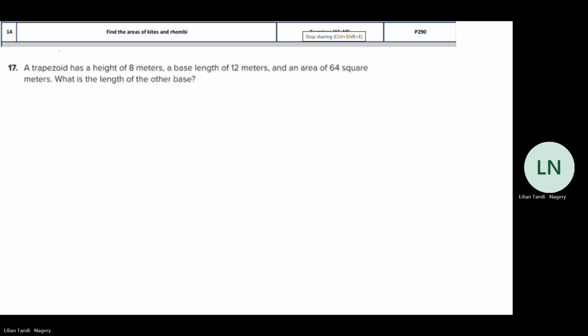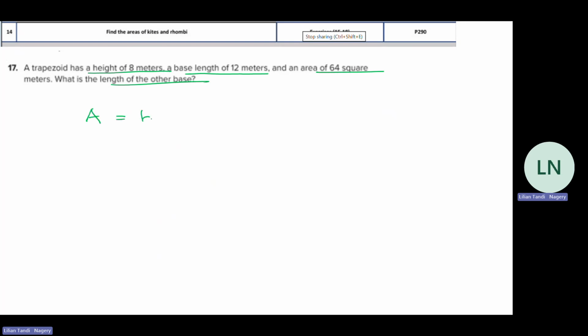All right. Question 17. What do I know and what do I want? According to the question, I have the height, I have one base, and I have the area. Find the other base. So just write your formula and fill it up.